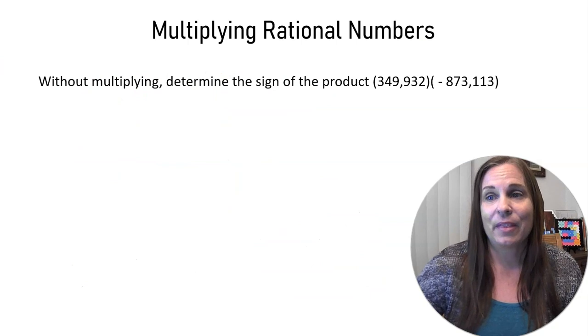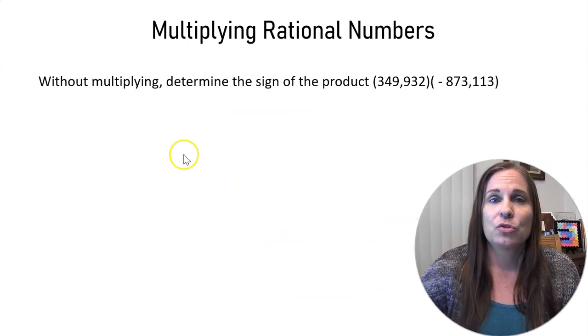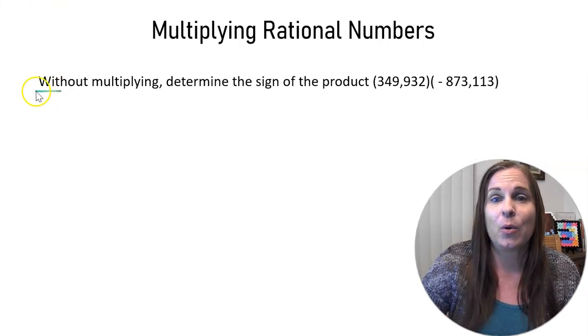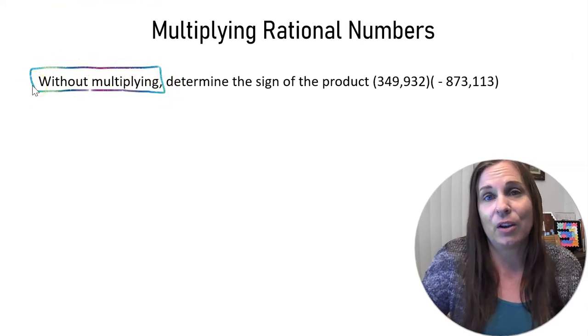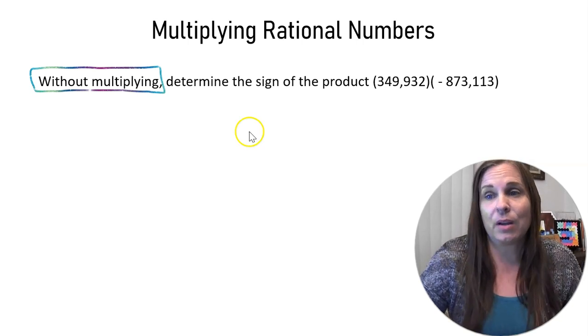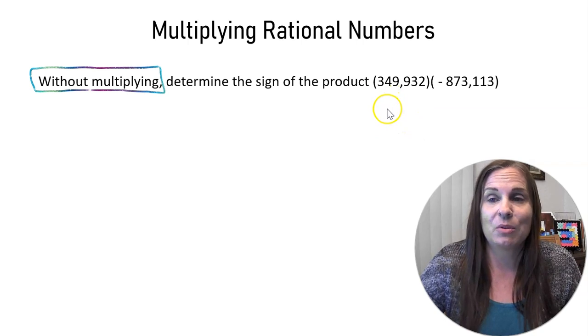All right, how about this one? The key here is that it says without multiplying, right? Don't actually do it on a calculator. Just without multiplying, what's the sign of this product going to be? And good thing we don't have to do this one by hand because these numbers are really big.